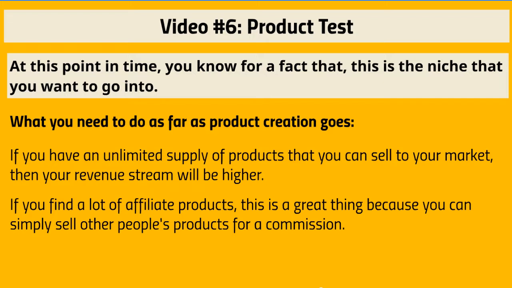Now, if you create your own product, obviously, you get 100% commission. So you are the vendor, so you get 100% of the product. Now, that's the nice thing about products, but product creation definitely does take time. And a shortcut to that is what we call private label rights products. What that means is you have somebody who has created a video course or a report or an ebook or some sort of product, and they are giving you rights to put your name on it and make it your own.